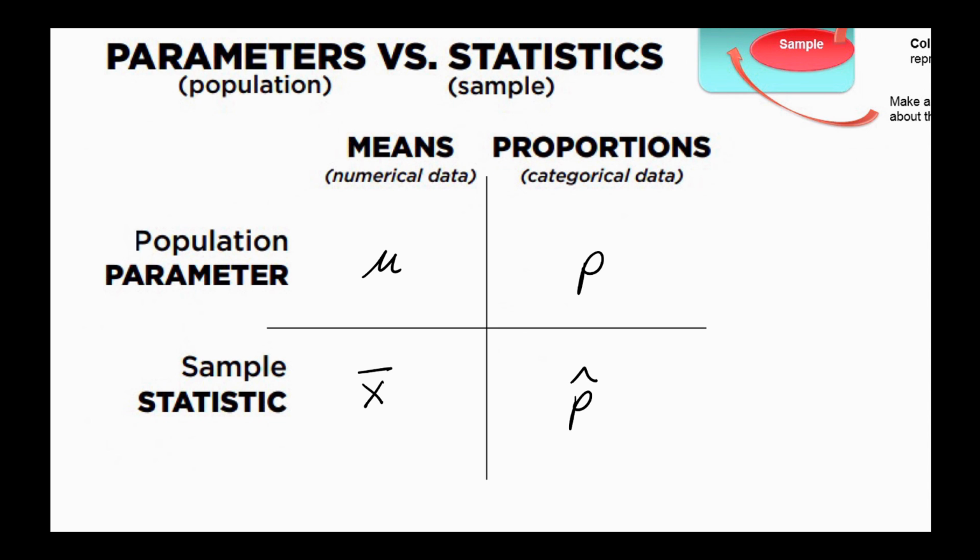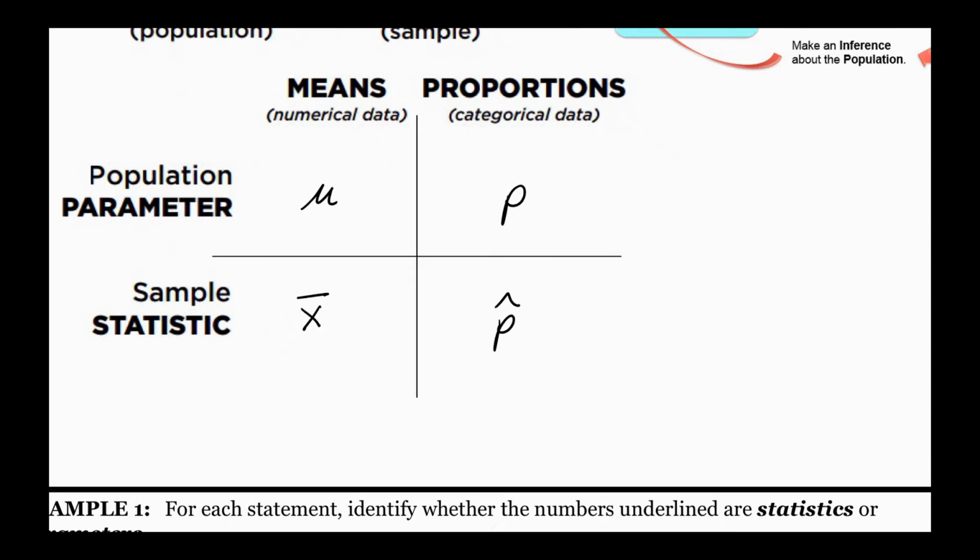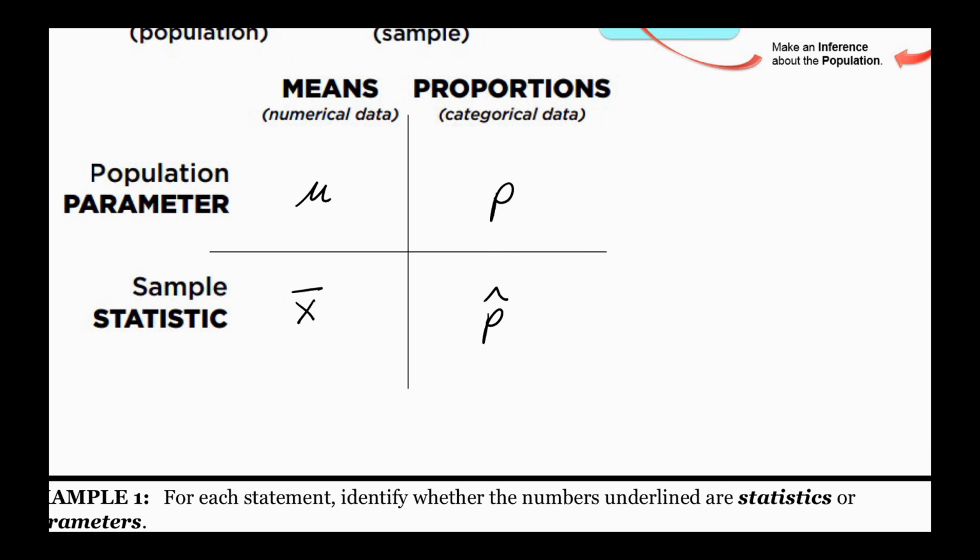It's got a little hat. That one's a new one. So how we say it is P hat. It's got a little triangle caret thing above it. This is X bar and P hat.